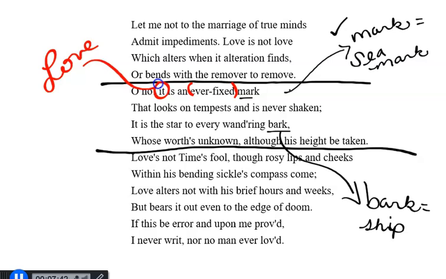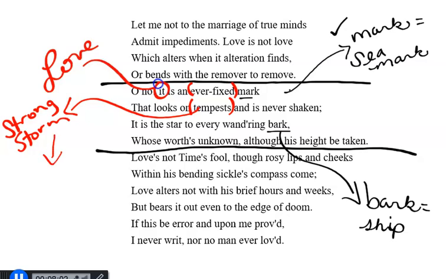So he says love is a permanent sea mark that looks on tempest. And a tempest is a strong storm. So, what do you think a strong storm would represent in a poem? Let's think figuratively.